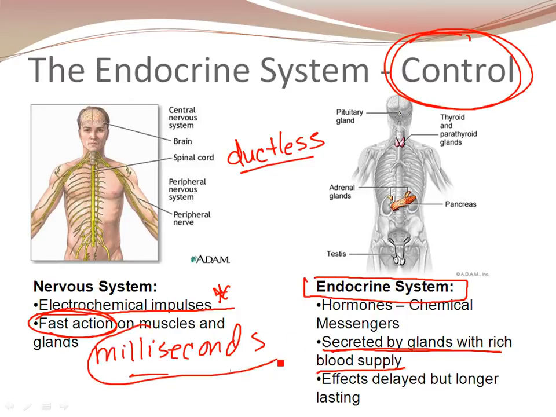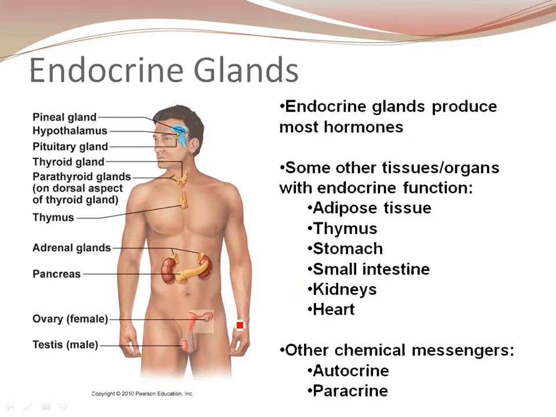Unlike your nervous system, which can decide to change something within a fraction of a second, in the case of the endocrine system, the time it takes to secrete the hormones and have those hormones travel throughout the body can be minutes or even longer. On the other hand, nervous system control can last for a split second, whereas control by hormones can have very long-lasting effects that can go on and on much longer. So those are a couple of key differences.